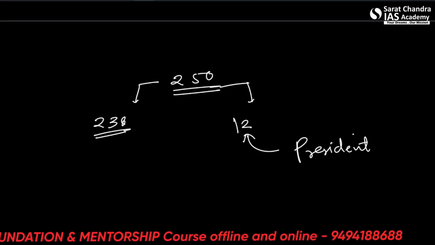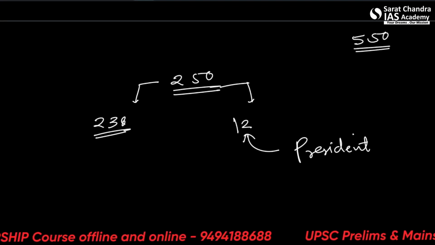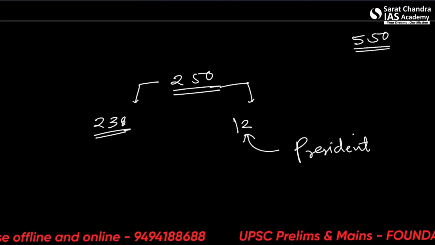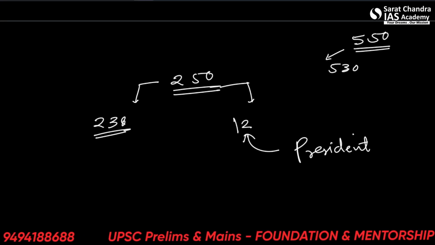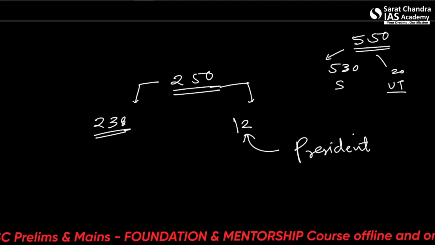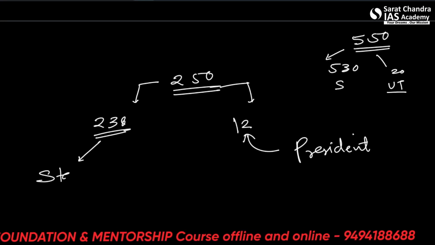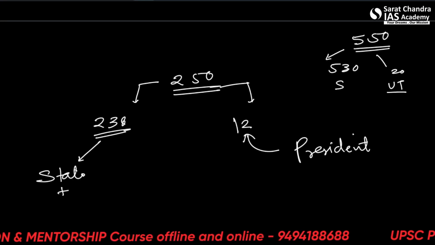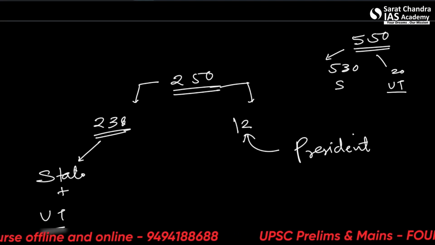So please remember, when we read about the Lok Sabha, we saw 550 members. The division was 530 and 20, states and UT. But here the division is a little different. 238 will represent the states as well as UT, and 12 will be nominated by the president.